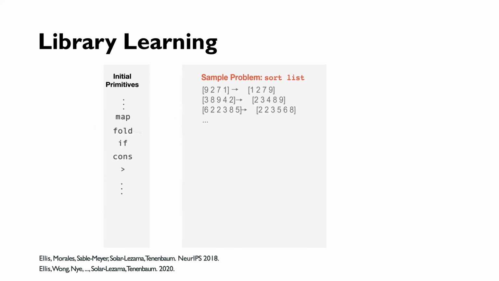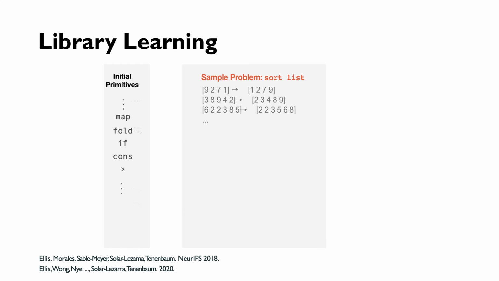Okay, so in this summer school, the name DreamCoder has come up several times. So we thought that we would just talk about the DreamCoder approach to library learning just a little bit. Specifically, the problem is that you are starting with a bare bones initial language in which you have, let's say, some combinators like if-then-else, cons over list, map, fold, and so on.